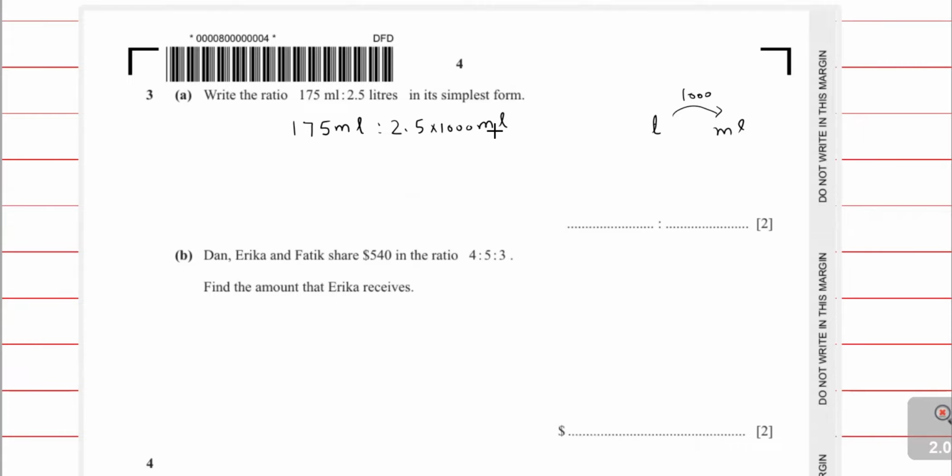This value converts into milliliter, and this is 175 ratio 2500. Milliliter would be cancelled, and we will divide this value by 25. 25 times 7 is 175. 25 times 100 is 2500, and this is 7 ratio 100, the answer.